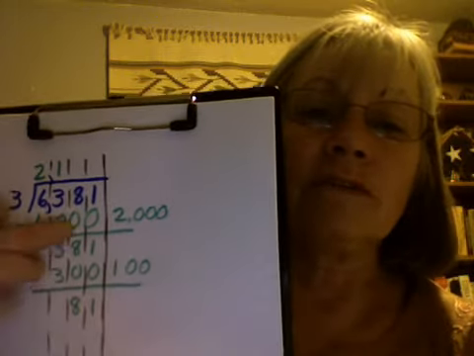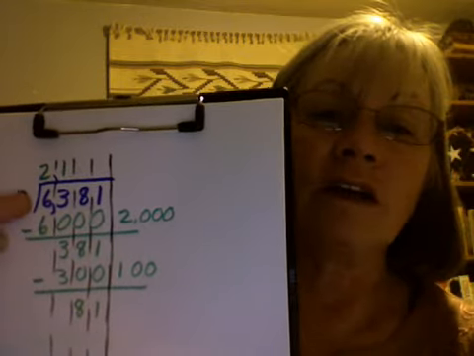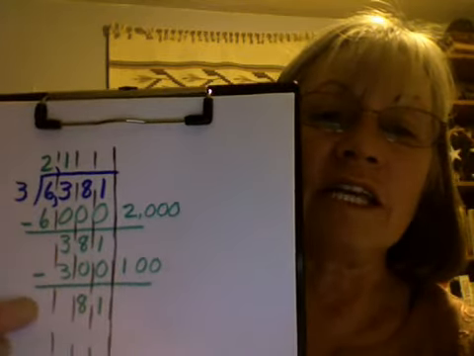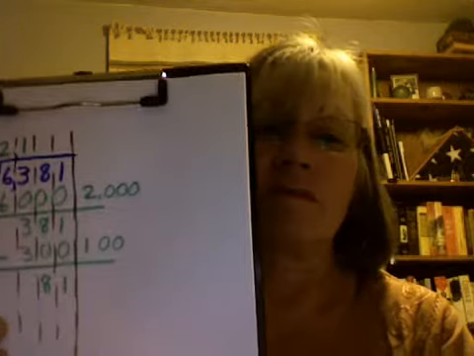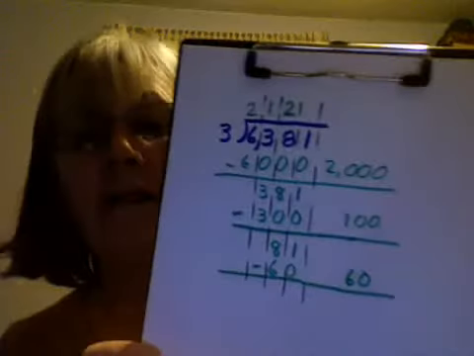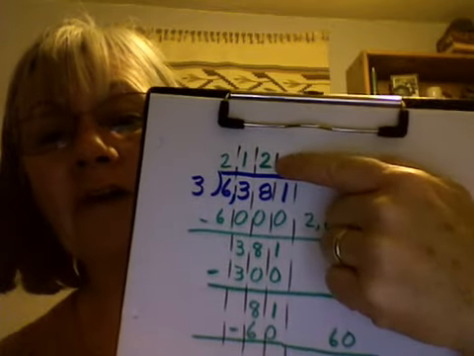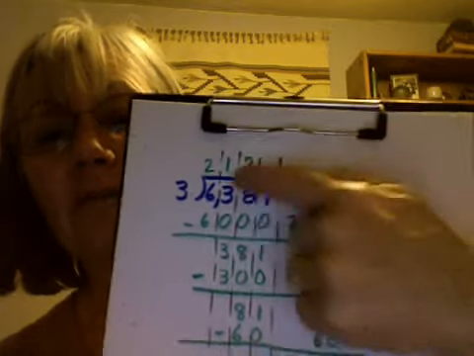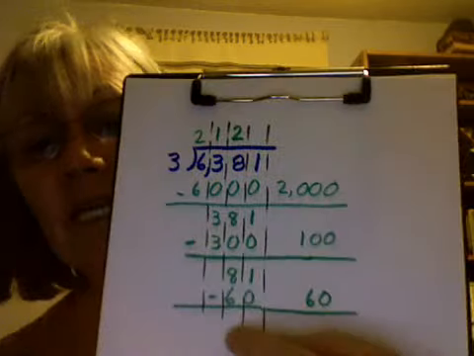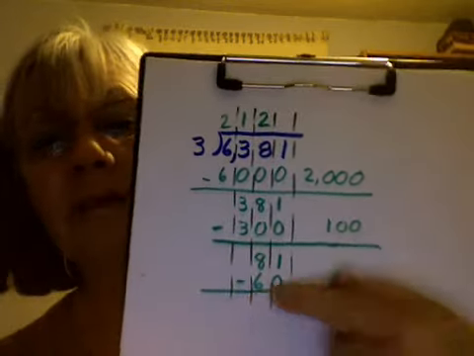How many groups of 3 are there in 80? I know that the answer to that is 20. It doesn't get us very close, but we can't go any higher. If we did 30 groups of 3, it would be 90, and we would not be able to subtract.